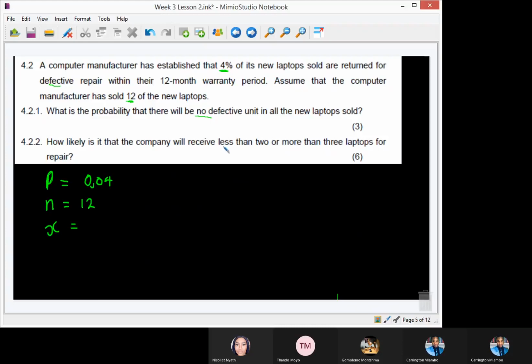It says we receive less than 2 or more than 3. So what is our X? Which numbers are less than 2? 0, 1. These are the numbers less than 2, isn't it? Or more than 3. Which numbers are more than 3?